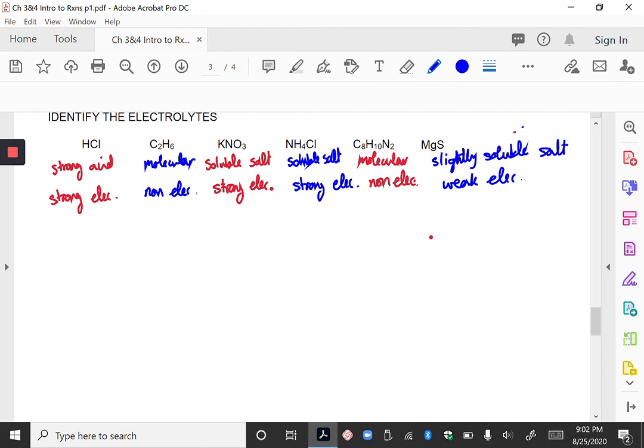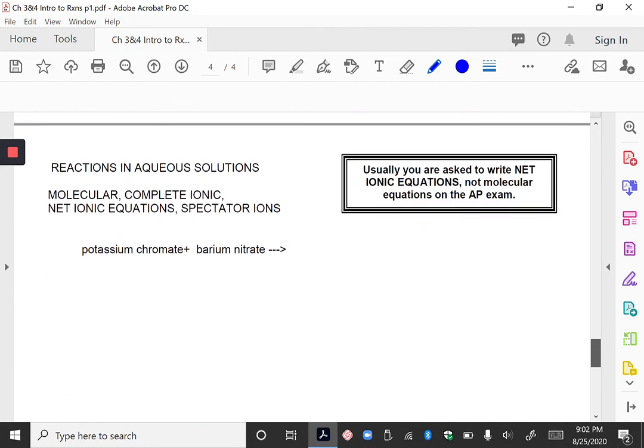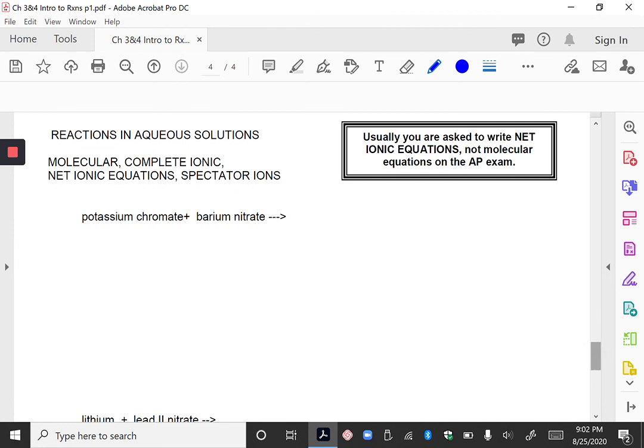All right. Last topic for today, as we're looking at some things to consider with chemical reactions before we look at the types of reactions, is writing of different types of equations. So last year we learned about molecular, complete ionic, and the net ionic equations, and we learned about spectator ions to go along with that.